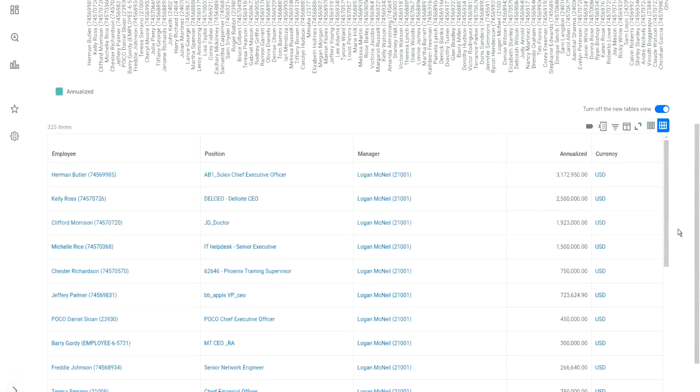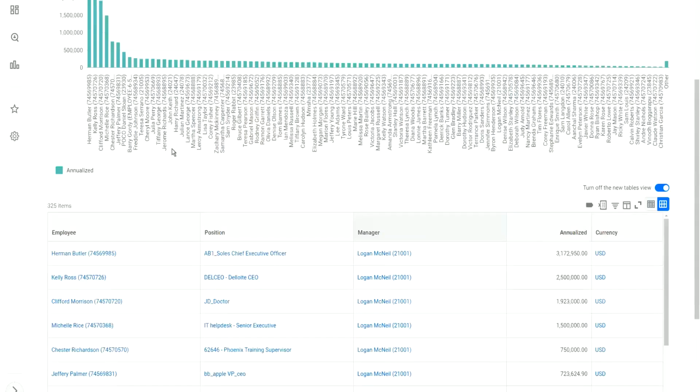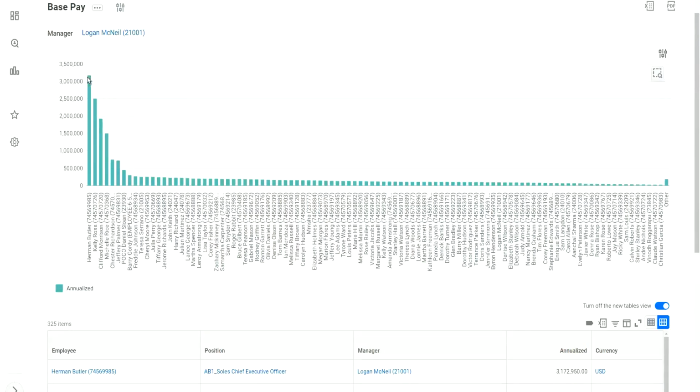Decreasing order. Correct. Even in the chart, it is much more clear here. It is in decreasing order in terms of the annualized salary. So in a report output, we can do those kinds of sorting as well.